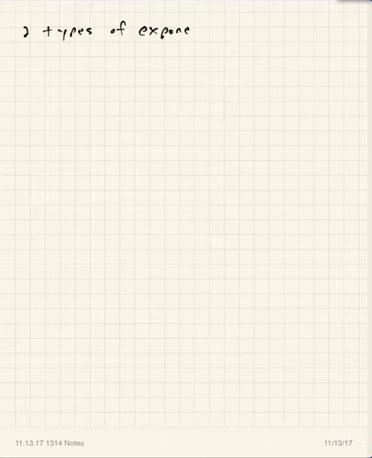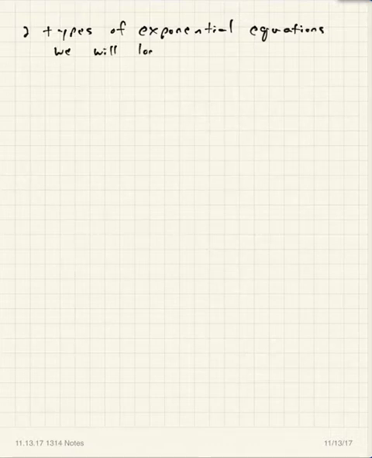So there are two types of exponential equations that we're going to look at. The type 1 equations, the ones we're about to look at, you don't need logarithms for these.